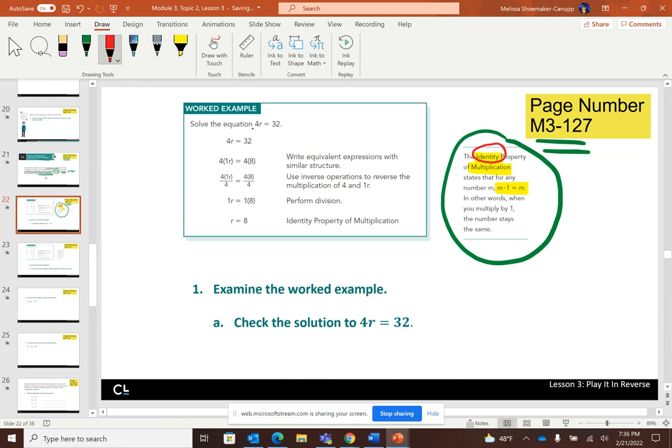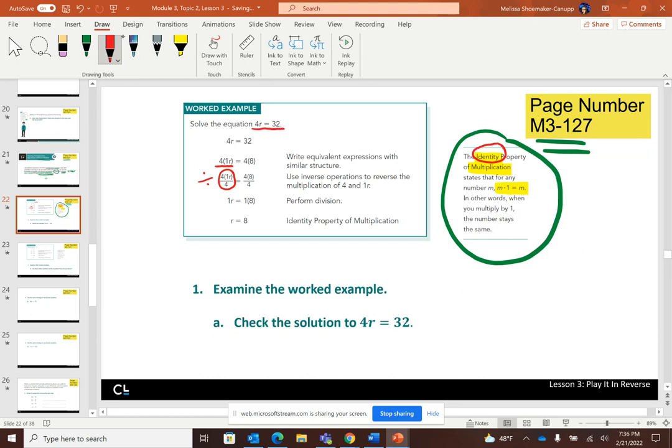So we're looking at 4 times something r equals 32. What they're doing right here is rewriting it with that 1r. 4 times 1 is 4. So then look what they've done next. They wrote it with a fraction bar, but remember that means divide.